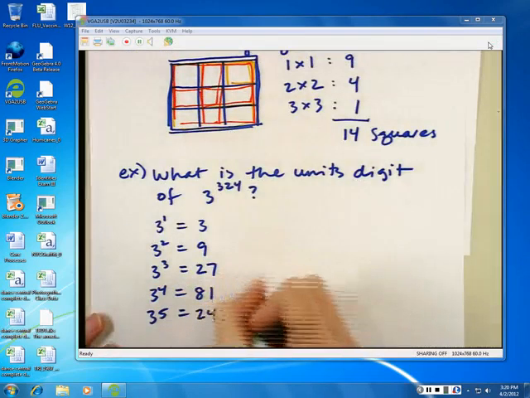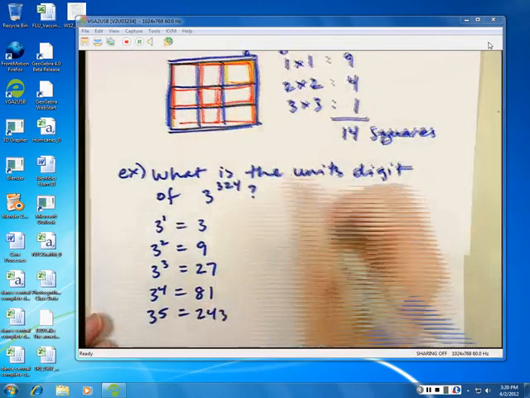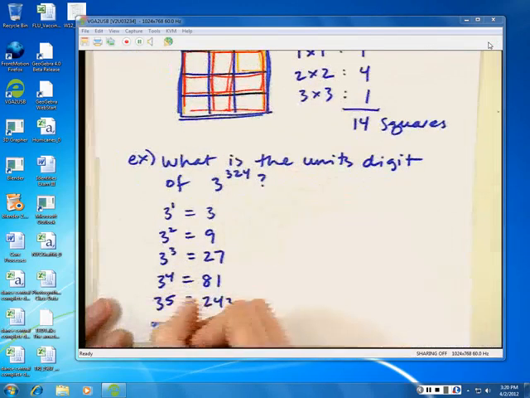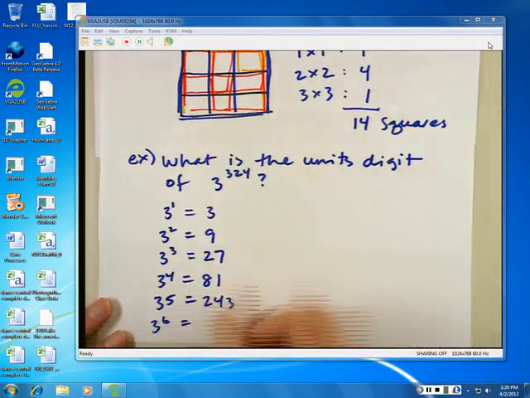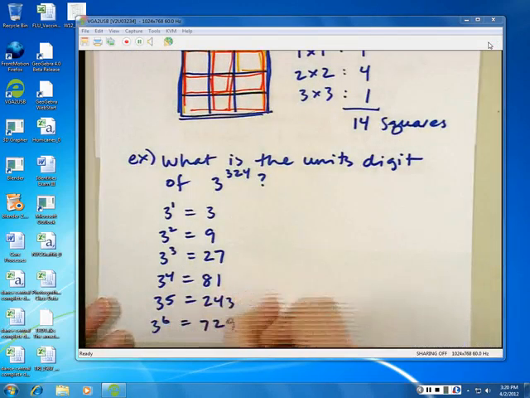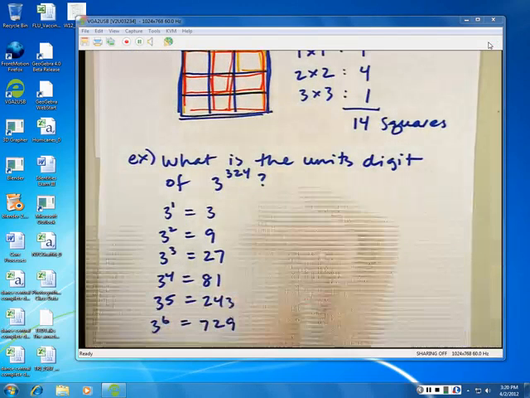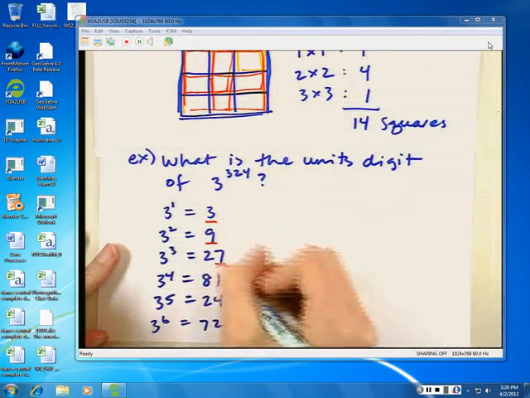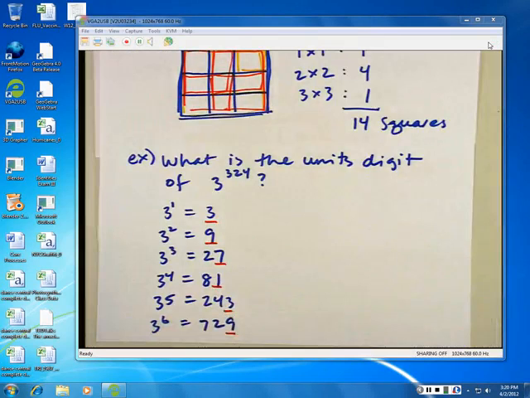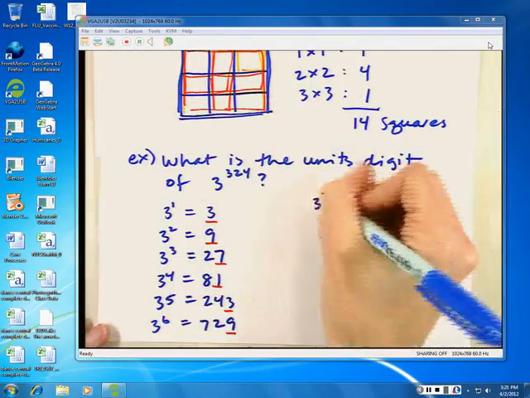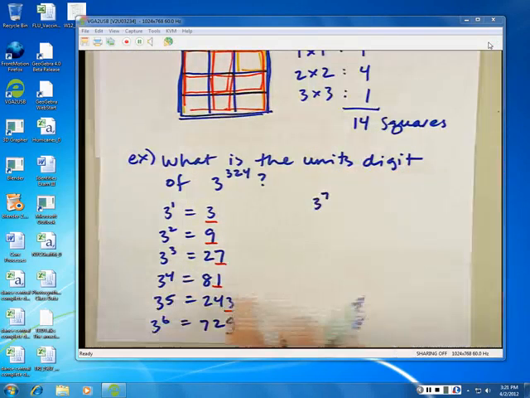Oh, now I'm seeing a pattern. There's that 3 again. So 3 to the 6th power, I'm using my calculator over here, is 729. Let's take a look: 3, 9, 7, 1, 3, 9. I'll bet 3 to the 7th ends in a 7.